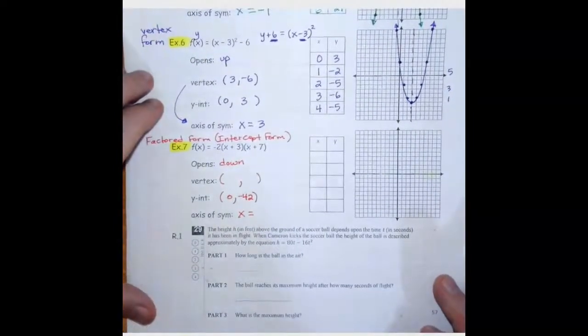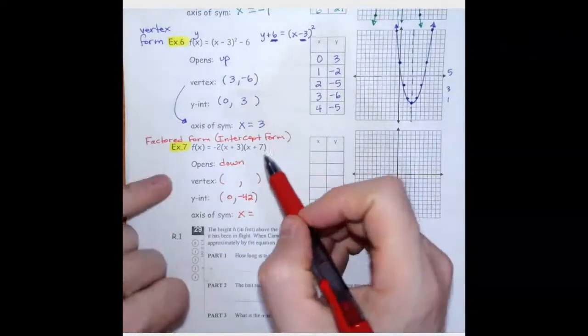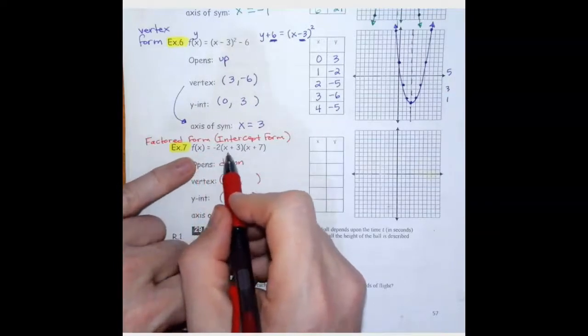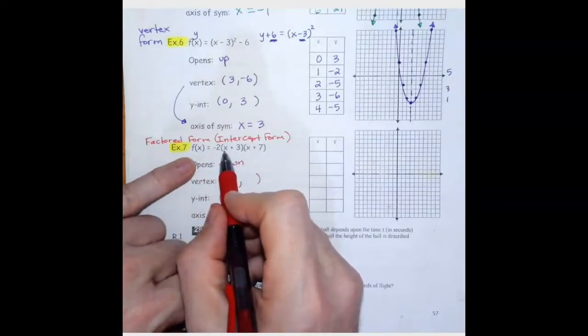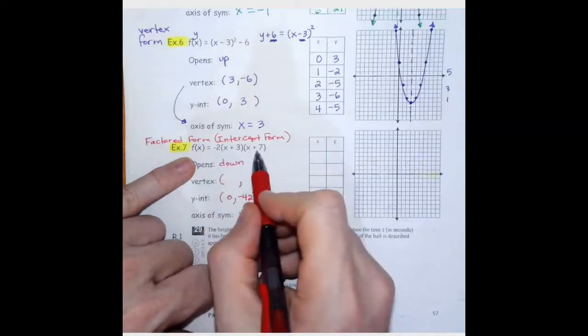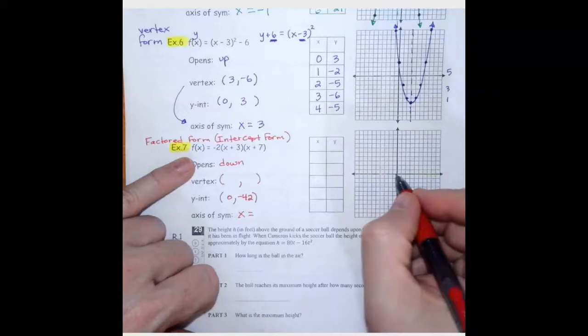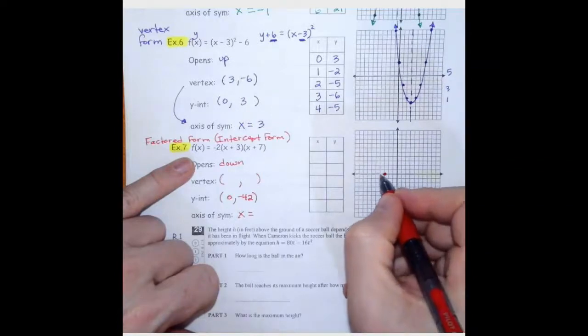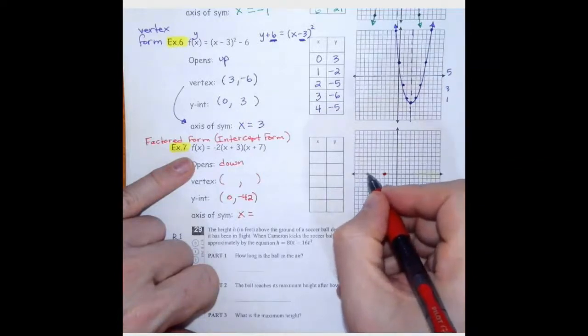Okay. So what now? What we can do now is realize that our x-intercepts are going to be when y equals 0, and that's going to be when x equals negative 3 and also negative 7. So negative 3, 1, 2, 3, and negative 4, 5, 6, 7.